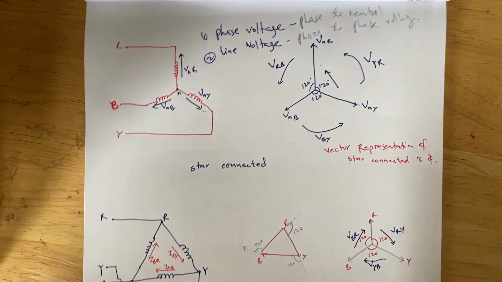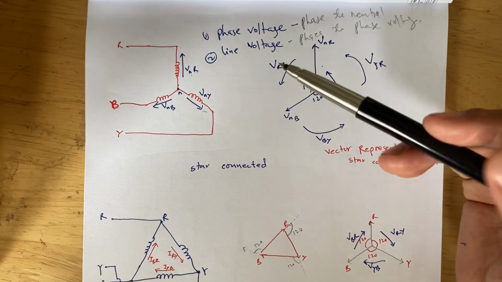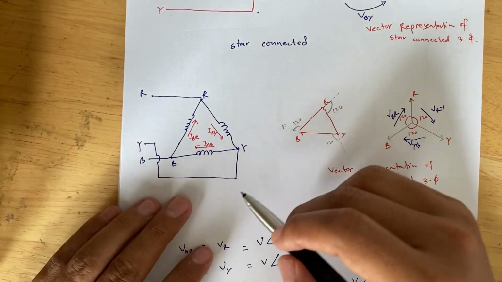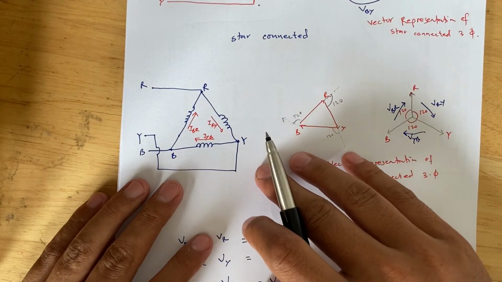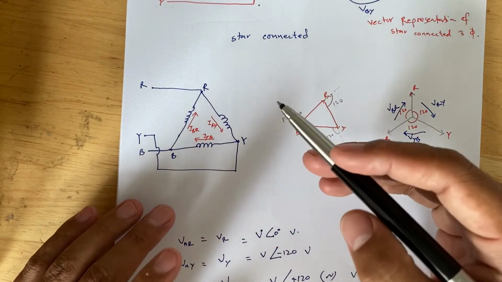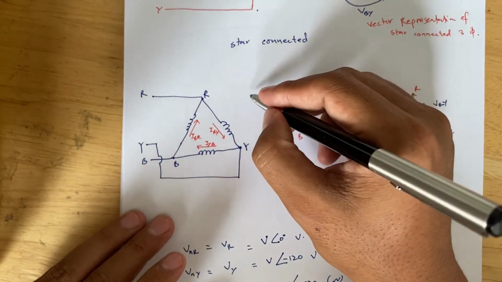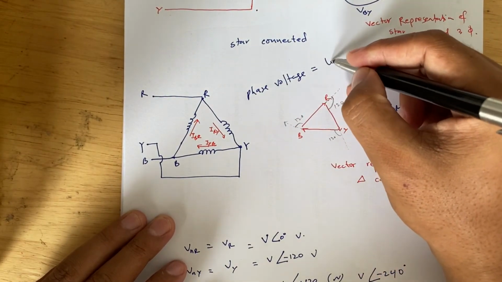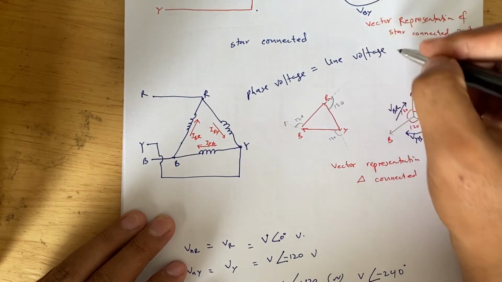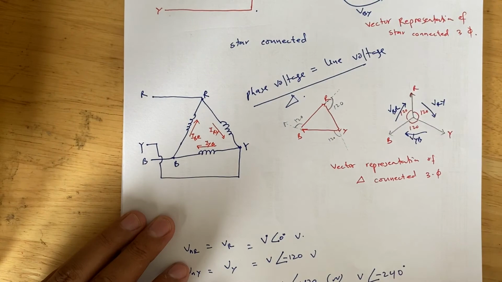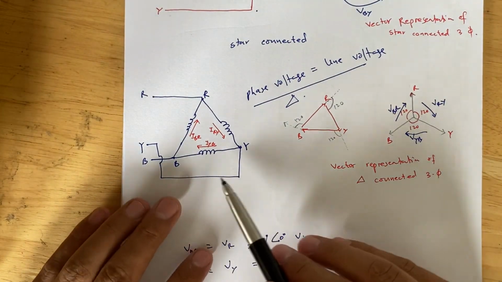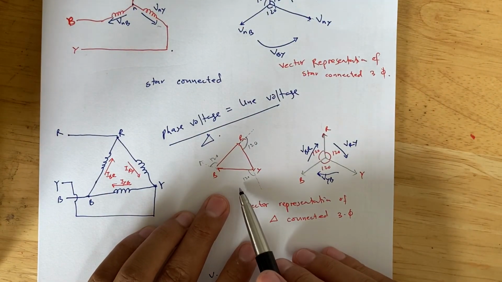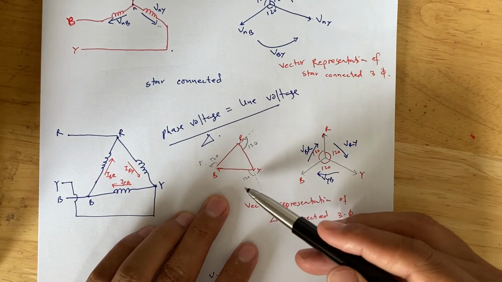We can also derive the relationship between the line voltage and the phase voltage in the star connected case. In the delta connected case, we don't have the neutral point here, so we directly have that your phase voltage will be equal to your line voltage in the delta connected system. This is the representation of the delta connected system, and here you have the vector representation of the delta connected system.